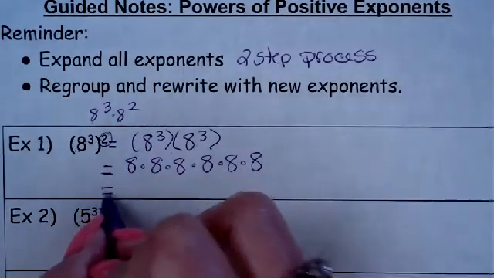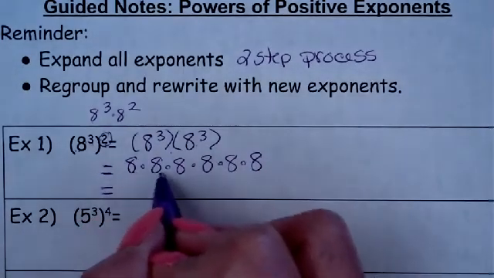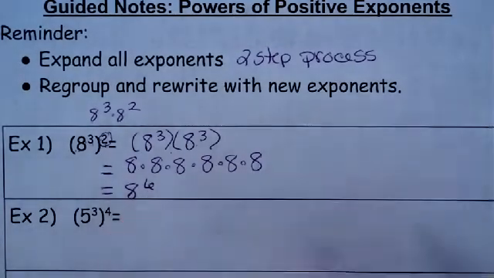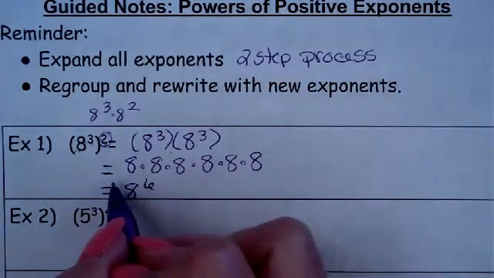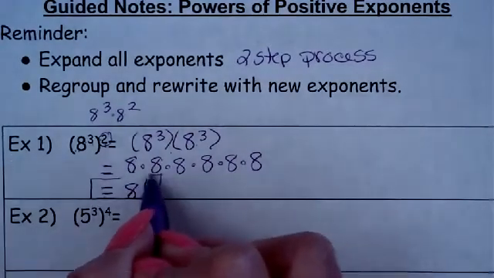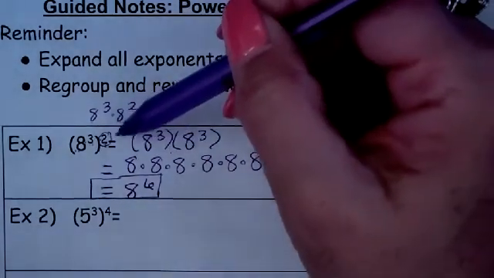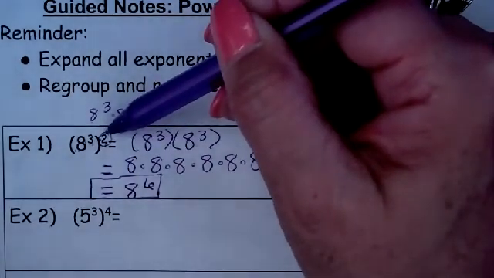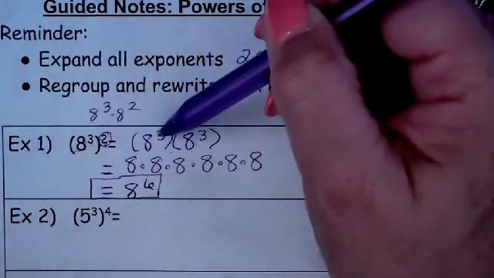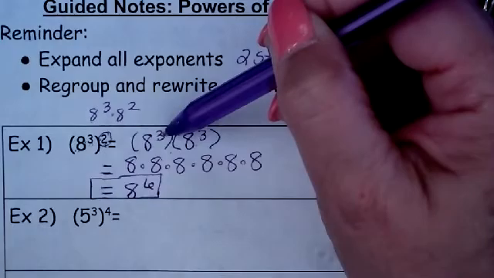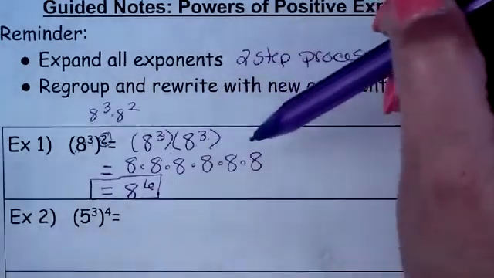And we learned in the last lesson, then we just count them up, 1, 2, 3, 4, 5, 6, and I have 8 to the 6th power. Okay, so the second two lines of work is exactly what we did in our last lesson. We just got to know now to use this exponent outside the parentheses to tell us how many of our inside parentheses terms we're going to have.